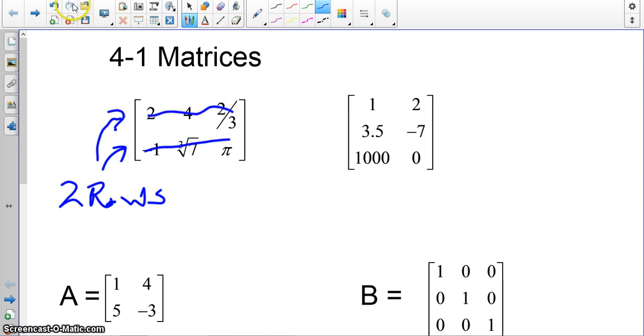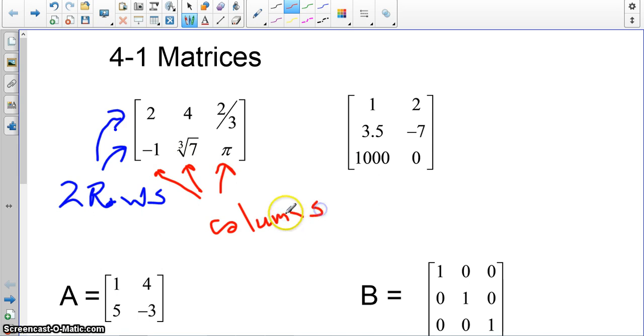And then it has three columns. 1, 2, 3 columns. So that's how you refer to different parts of a matrix. It has rows and it has columns.